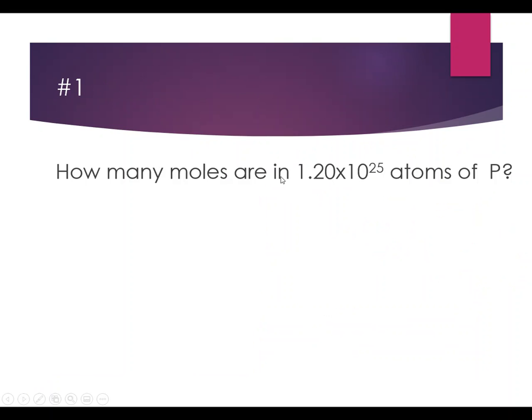That's where we begin today with the fun dimensional analysis. All right, so we're going to do particles to moles. We have our atoms of phosphorus, and we want to find out how many moles that is. Well, like last week, we start with our fences, our T-charts.